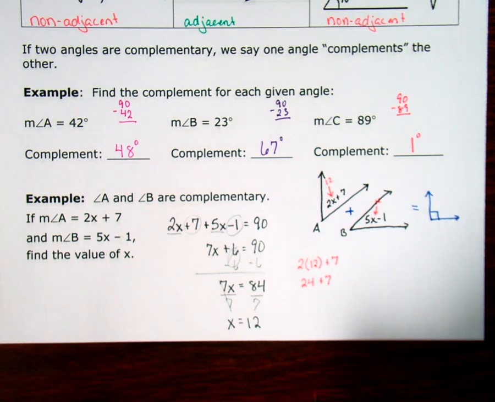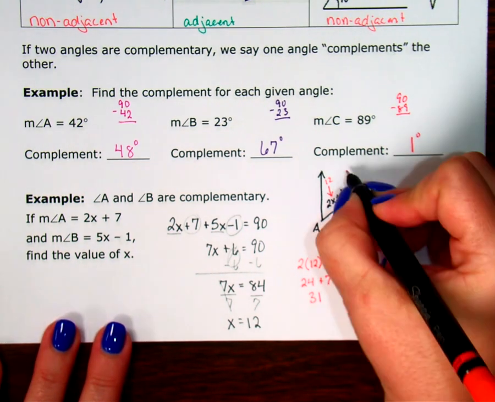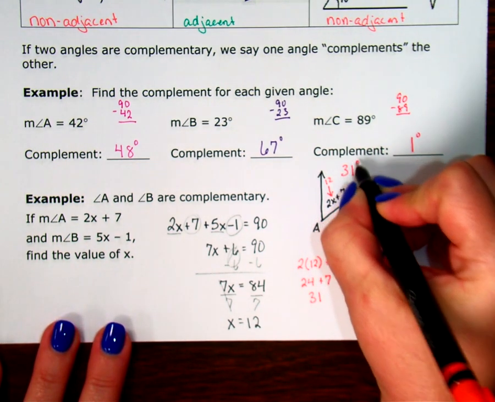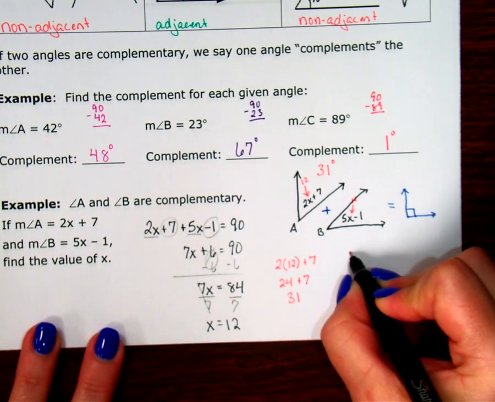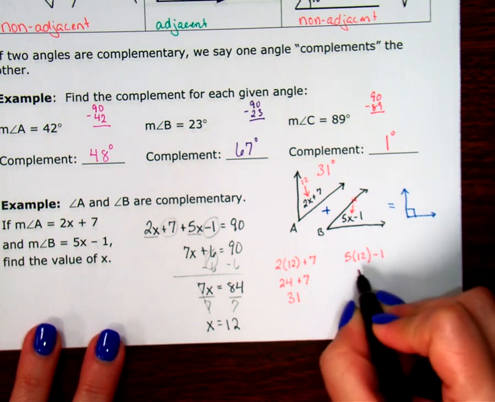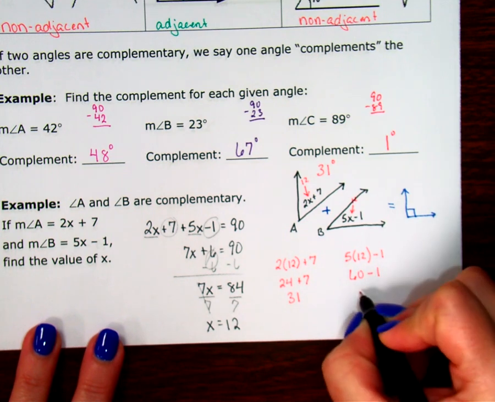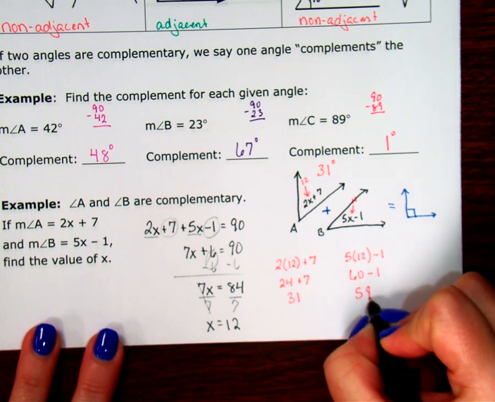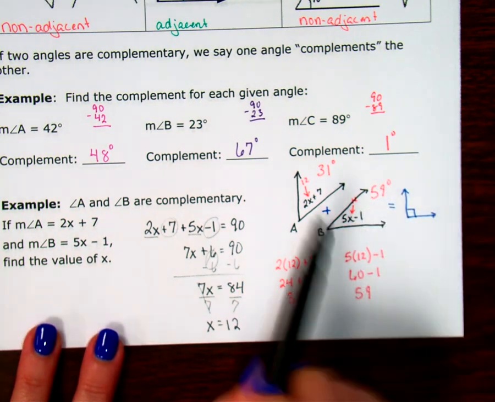Plus 7 is 31. So this angle is 31 degrees. Let's check the other angle. 5 times 12 minus 1 is 60. 60 minus 1 is 59. So this angle is 59 degrees.